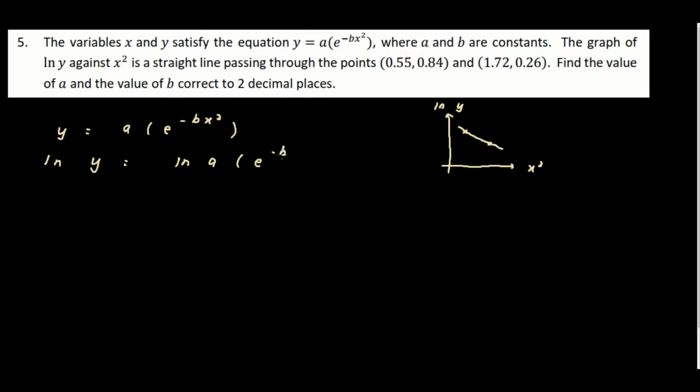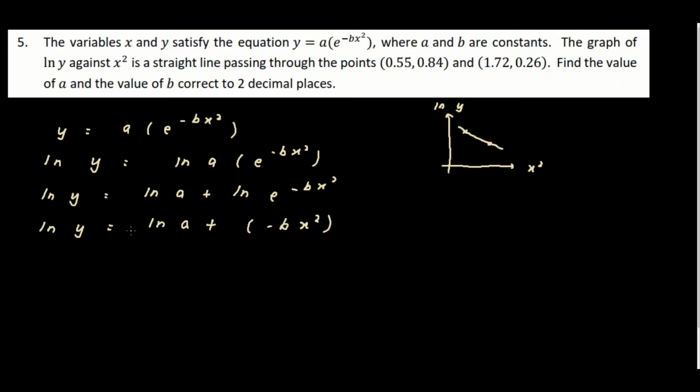Then expand it. Natural log of e to the power of negative bx squared. We know that natural log of e gives you 1, right? So you will have negative bx squared over here.